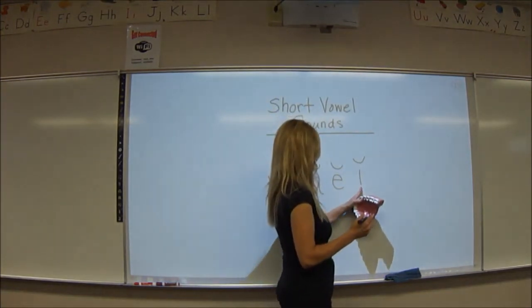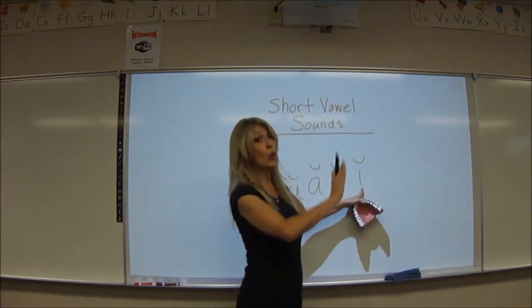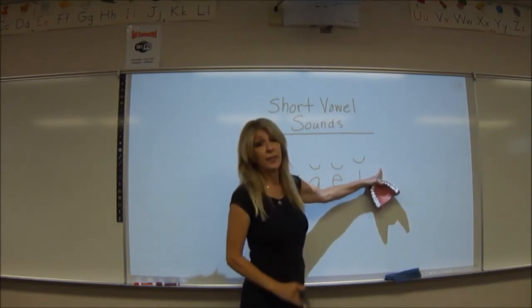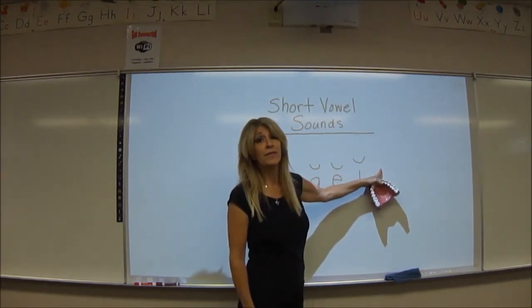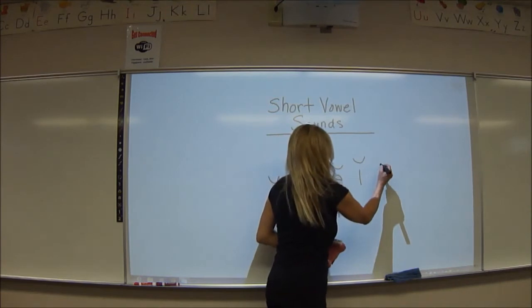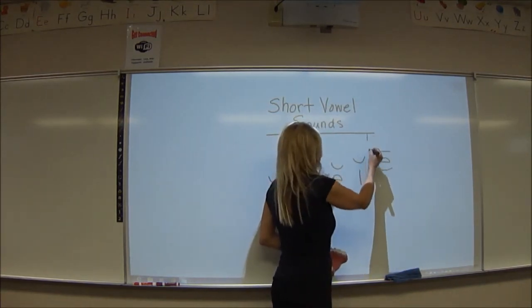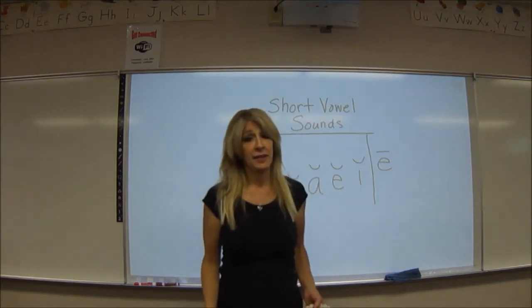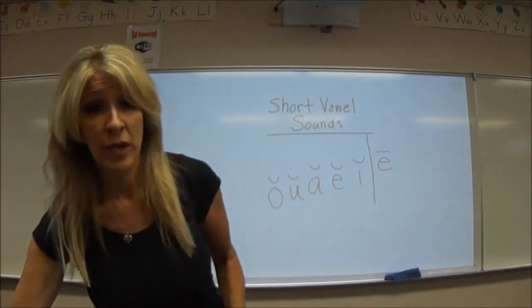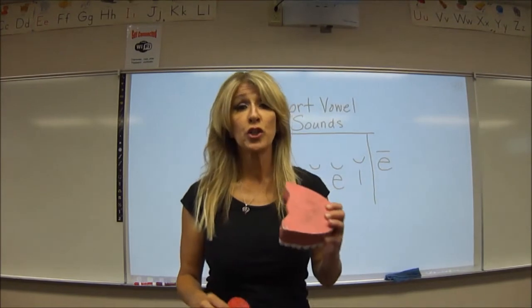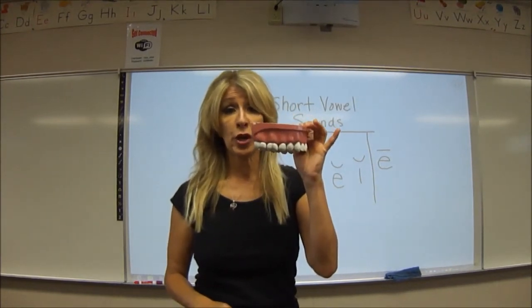If my tongue continues to go up more than just the short I, if my tongue goes up as far as it can, it will be up here in the long E region, which is not even a short vowel sound. Let me show you what your tongue should do. Here's your upper jaw.